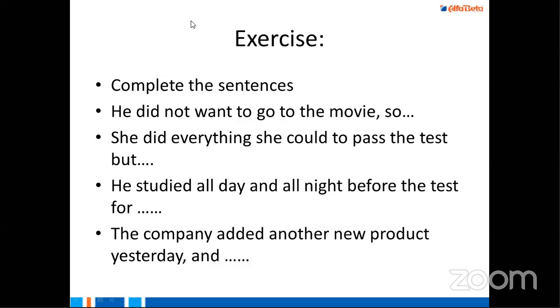He did not want to go to the movie, so he decided to clean his room. Yeah, that sounds good, Sham. He didn't want to go to the movies, so he decided to stay in his room.